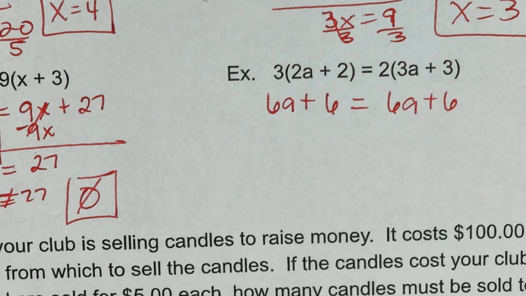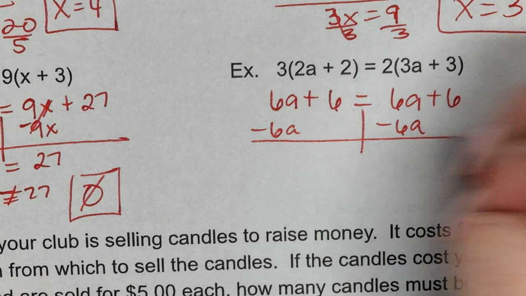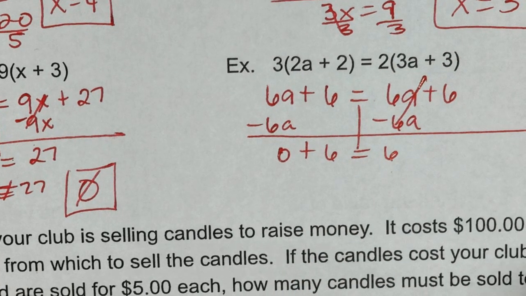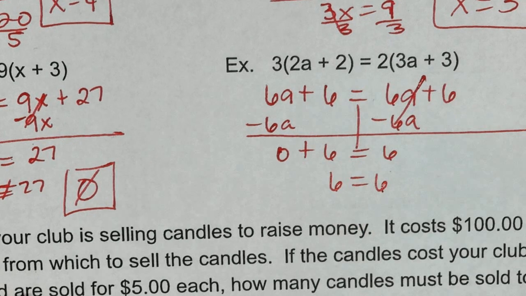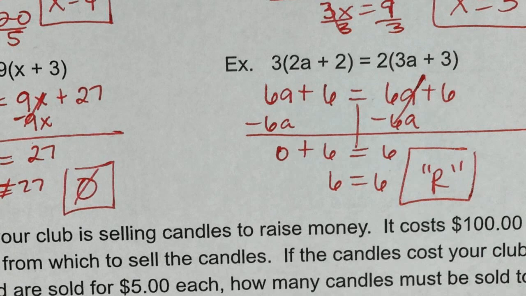They're the exact same line. So the slope was the same and the y-intercept was the same. So what would the answer end up being? All real numbers. So let's pretend we don't know and let's solve. I would minus 6a. I would end up with 0 plus 6 equals 6. Does 6 equal 6? So the answer is all real numbers.